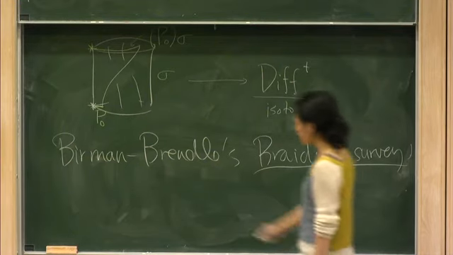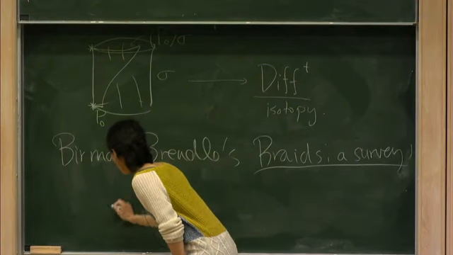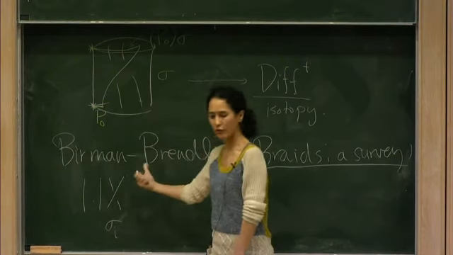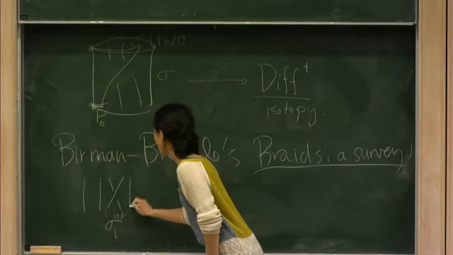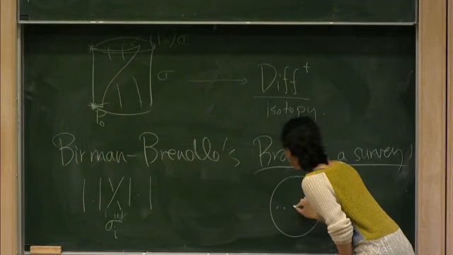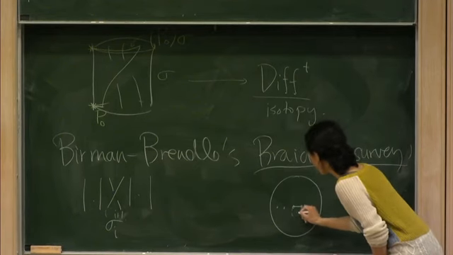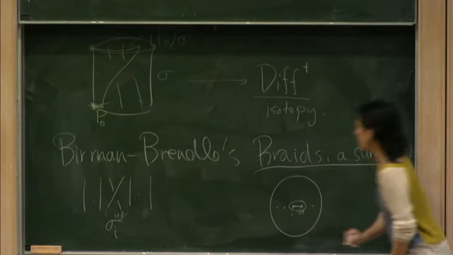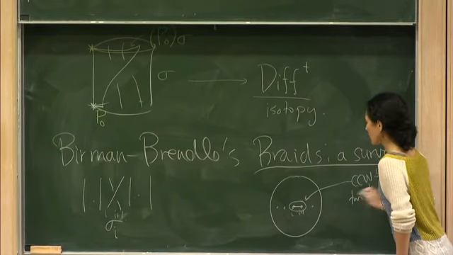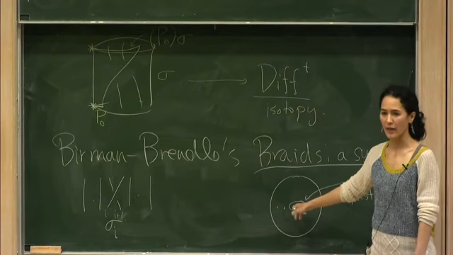But the important thing for us to know, besides this picture, which is nice, is that if you look at the elementary Artin generator, the positive crossing between the ith and the (i+1)st strand, it goes to a counterclockwise half twist in a neighborhood of the simple arc joining the ith and the (i+1)st strand.